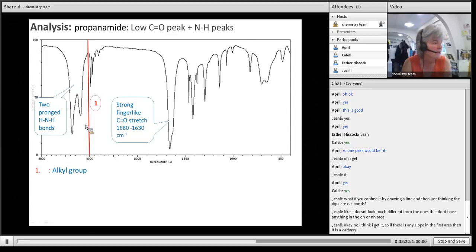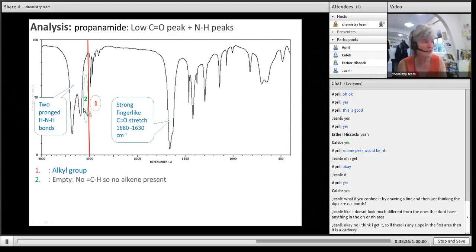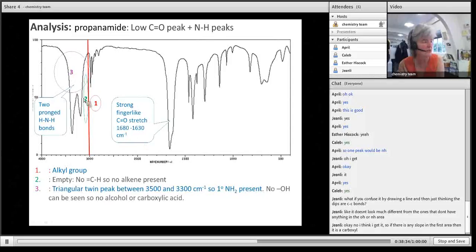Okay, then I look just on the other side of the 3000 mark, and I don't have a C double bond CH. Okay, so that's not present. And then I look over here. Now, can you see I have got something? So it's either an OH or, you know, those sort of things. Now, it's not a parabola, so it won't be an alcohol.